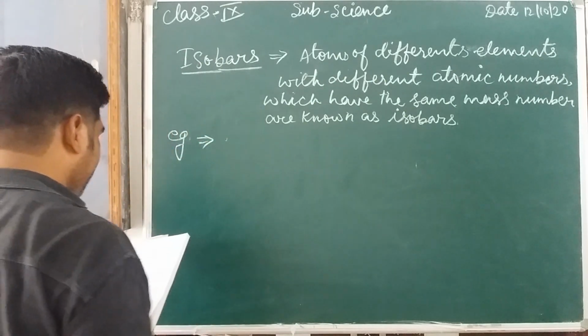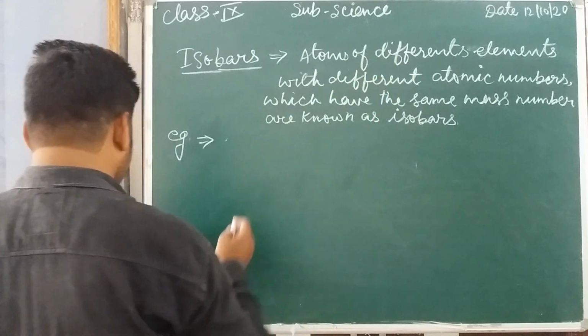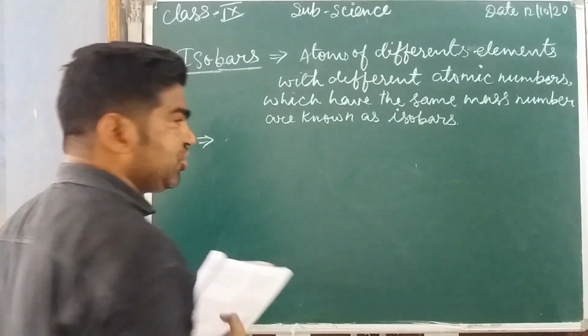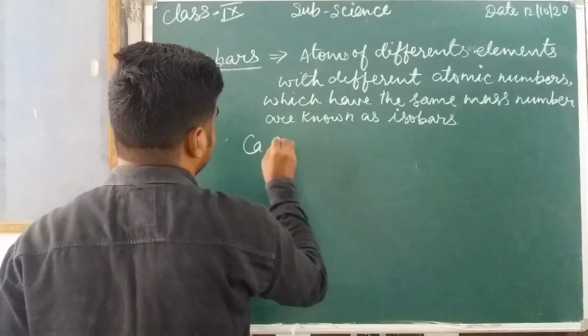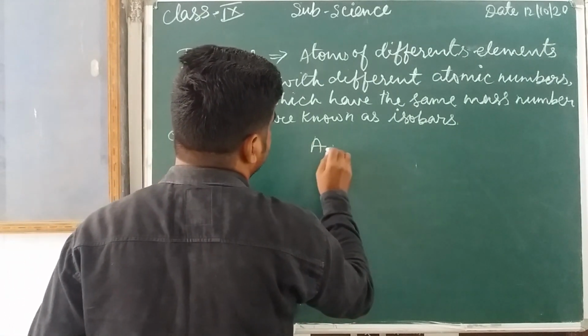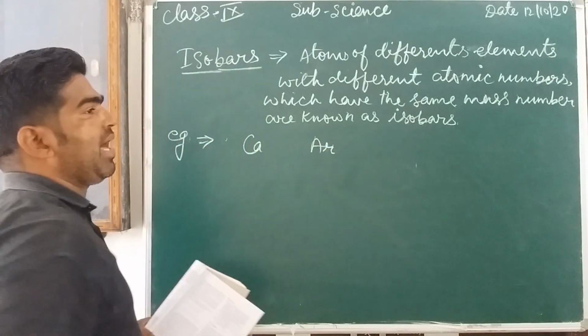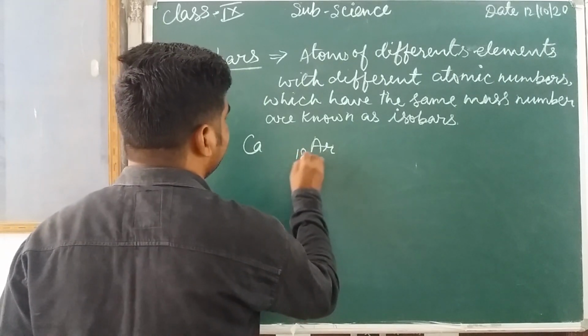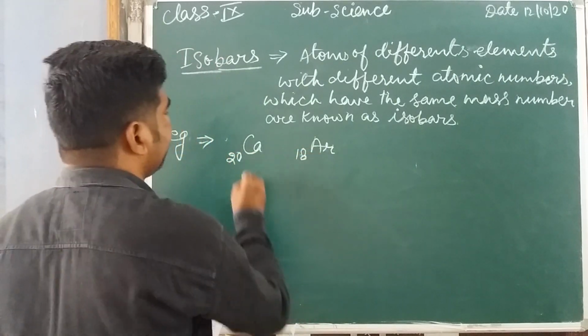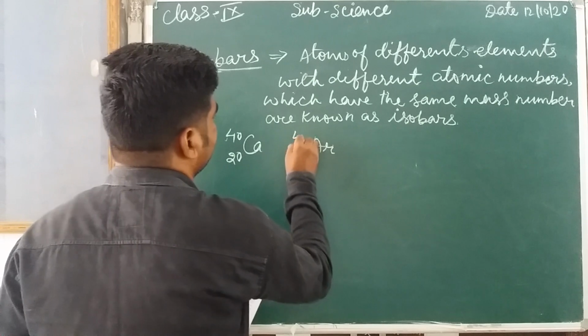Now an example of isobars is calcium and argon. The atomic number of argon is 18 and of calcium is 20, but the mass number is 40 for both.